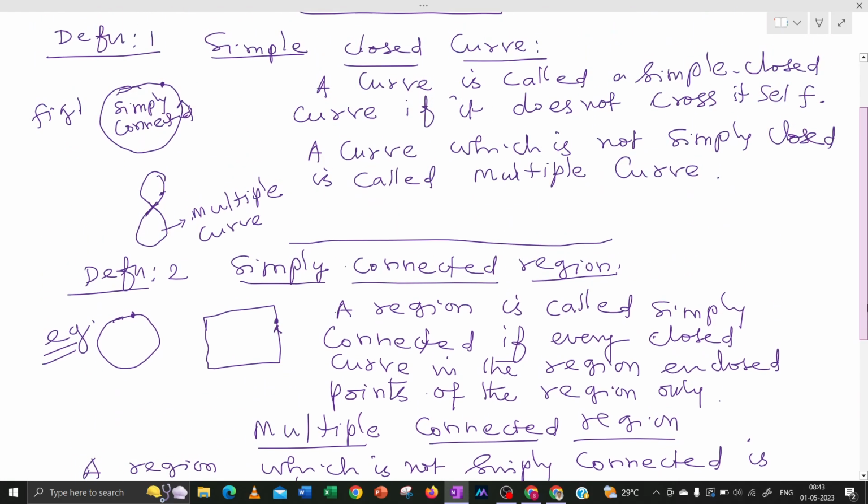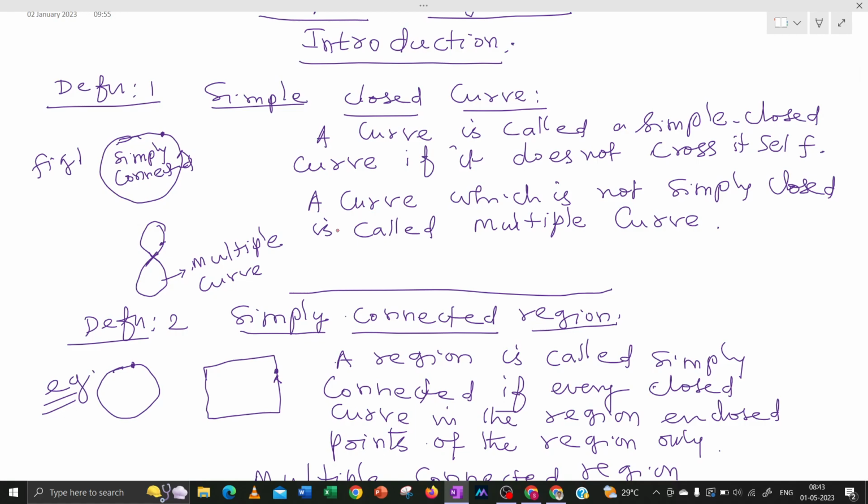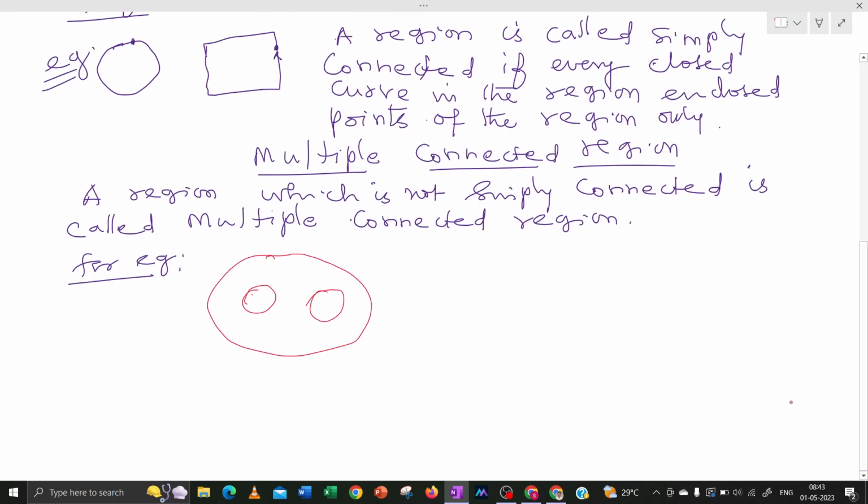So what is the definition for a simply closed curve? A simply closed curve has a starting point here and an ending point, and it is not intersected. Even though the three circles are not intersected themselves, it is not simply closed.